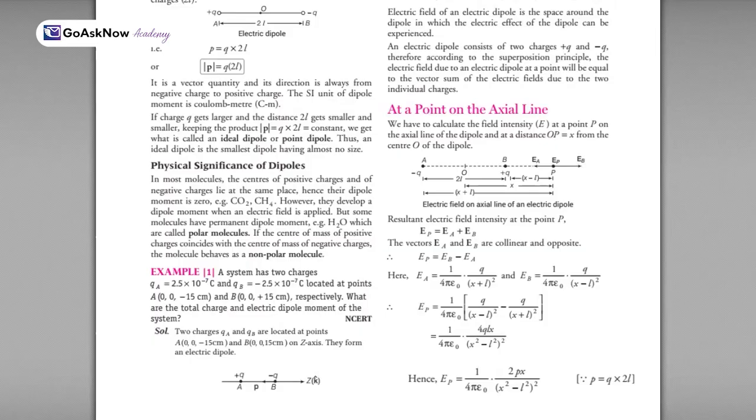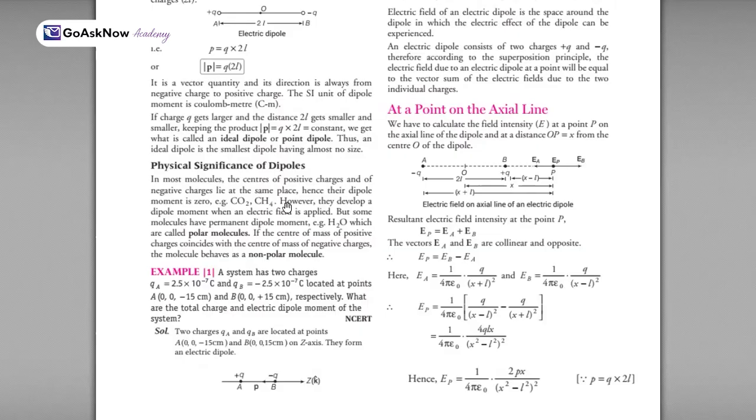They have zero dipole moment because they have a linear, straight-line shape, and the dipole due to one bond will cancel out the dipole due to the other bond. However, they develop a dipole moment when an electric field is applied.